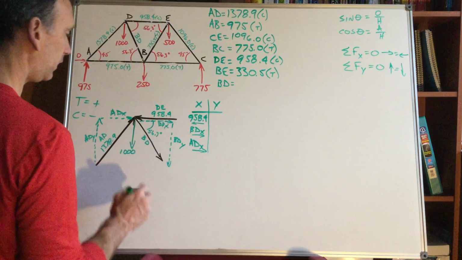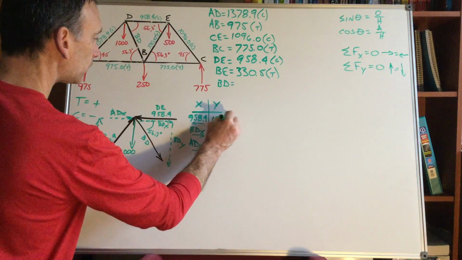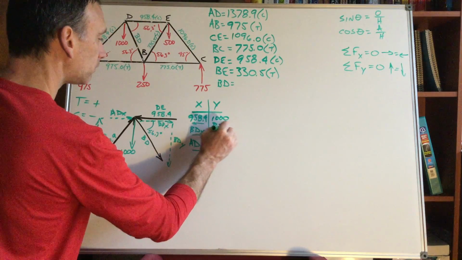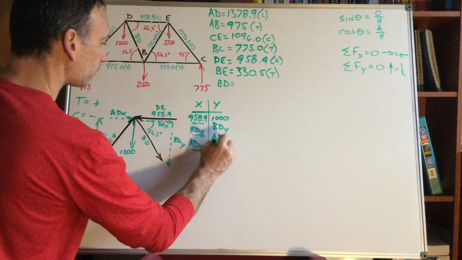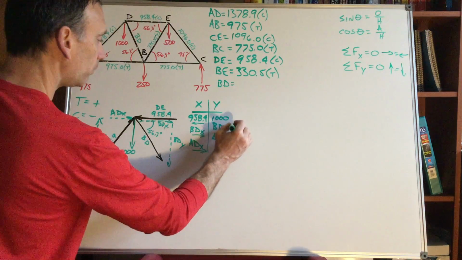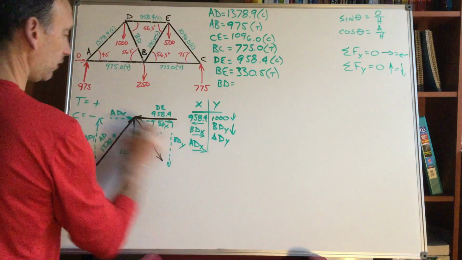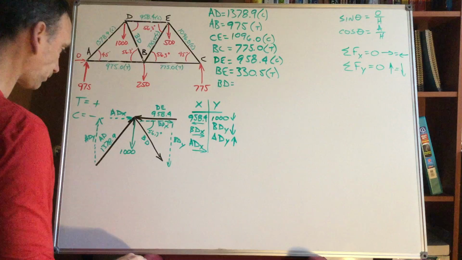And then in the y direction, we have 1,000 pounds. We have BDY, and then we have ADY. BDY we're assuming is going down. The 1,000 pounds is going down, and our ADY is moving up.